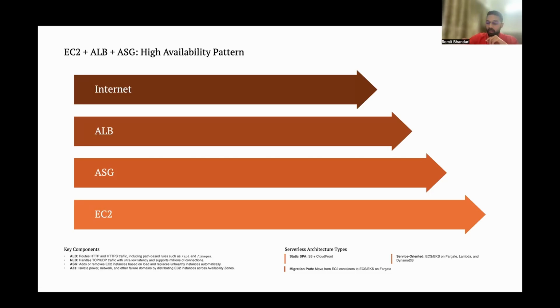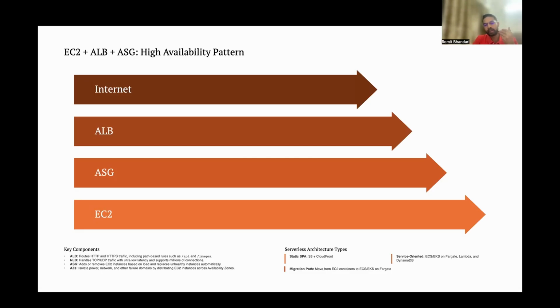So instead of that, if you want a little bit of automation, then go for ASG with EC2. It basically adds or removes EC2 instances based on the load. So even removing if the load is less, which is really good, right? It helps you with the cost.